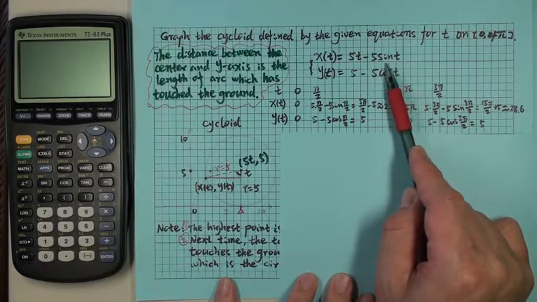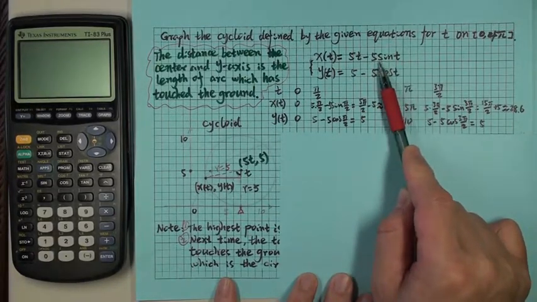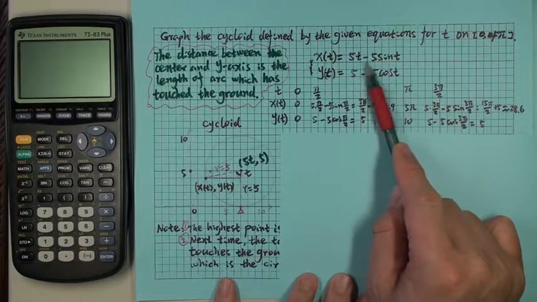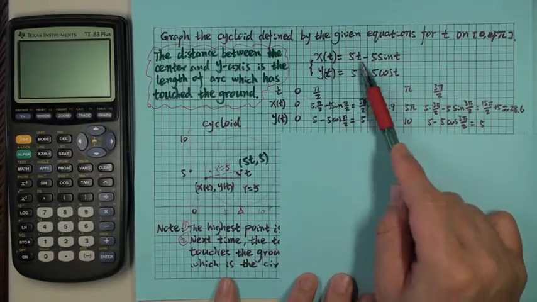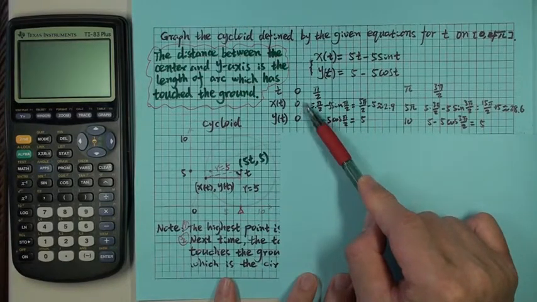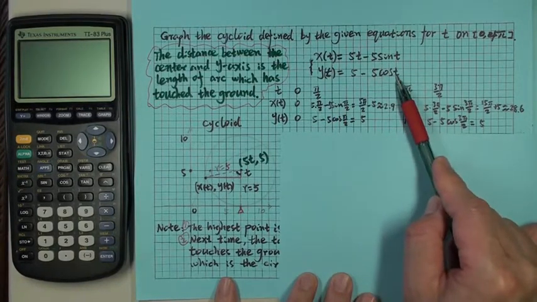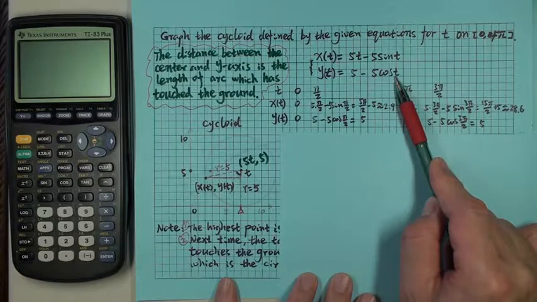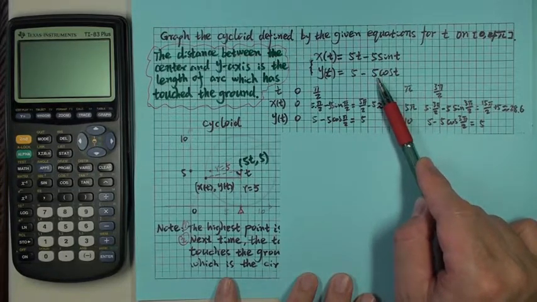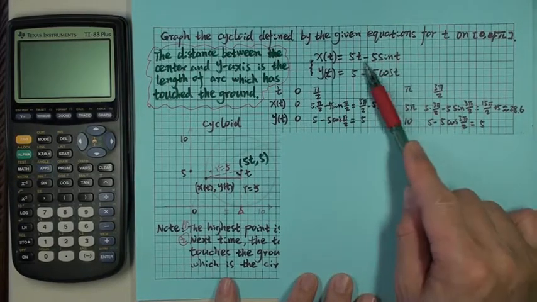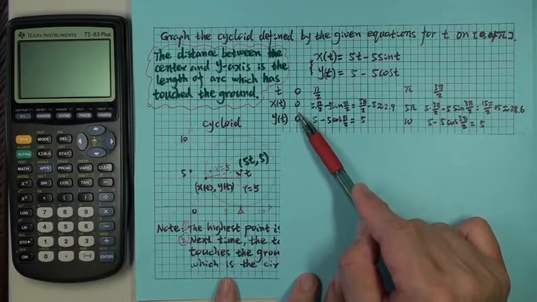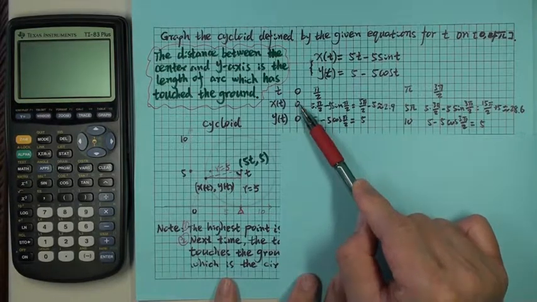Minus 5 times sine 0. Sine 0 is 0. So, x equals 0 when t is 0. Similarly, when t is 0, cosine 0 is 1. And then 5 times 1 is 5. 5 minus 5 is 0. So when t is 0, x and y are zeros.